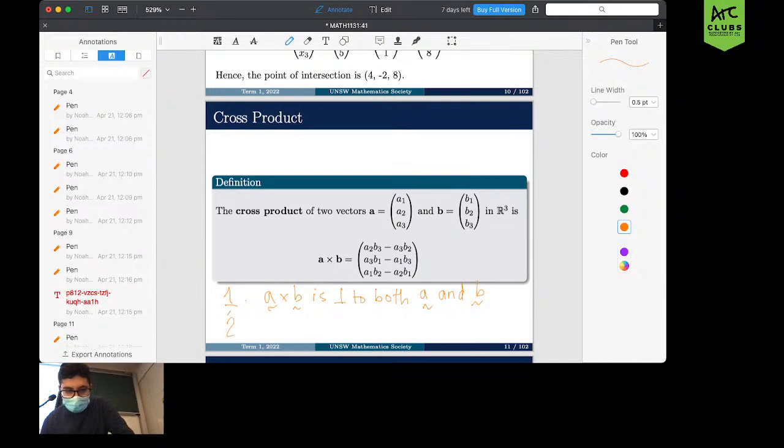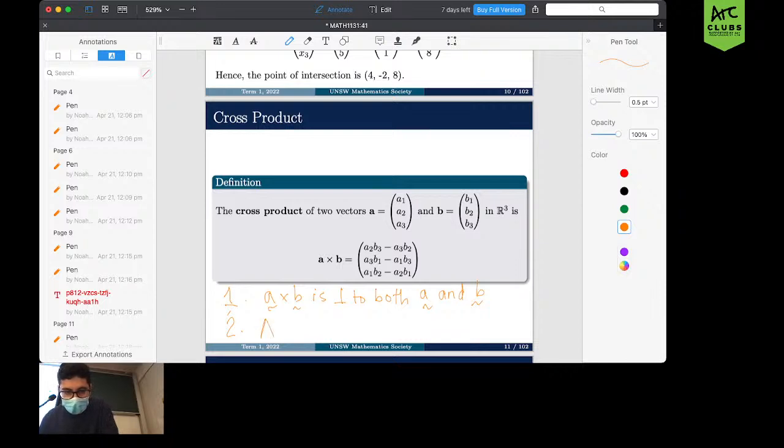Another property, and it's actually a very interesting one: the area of a parallelogram spanned by the vectors A and B is equal to the magnitude of the cross product of vectors A and B. I'll write that here.